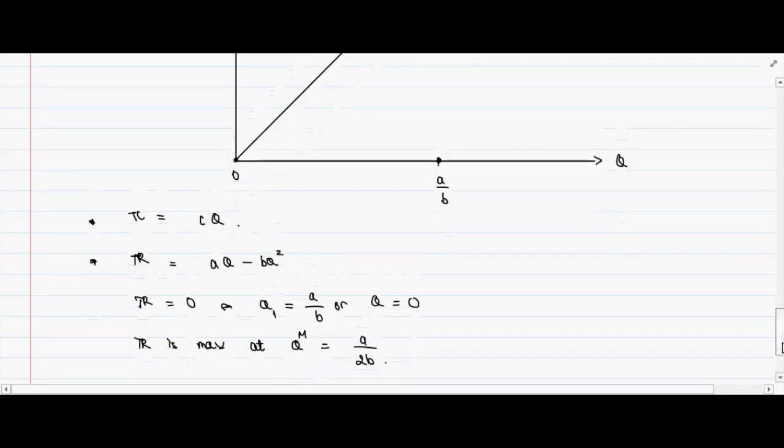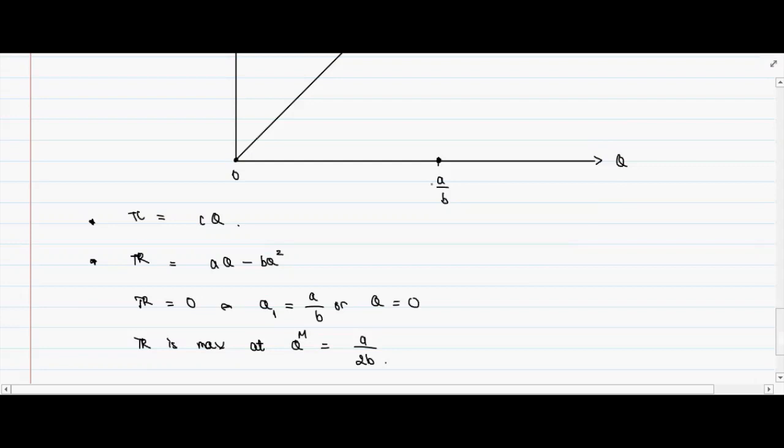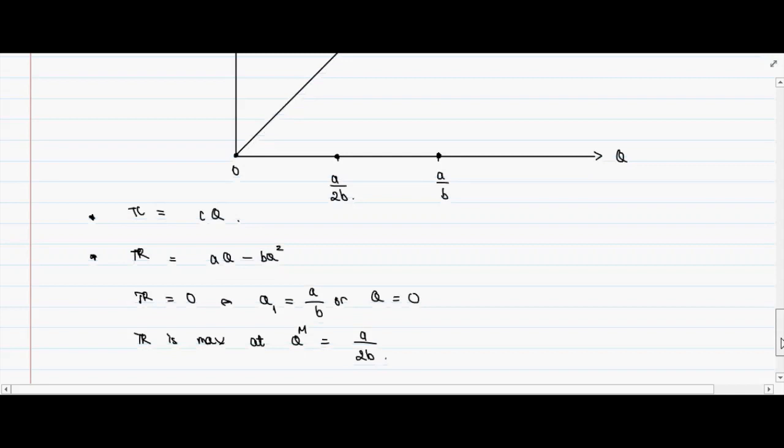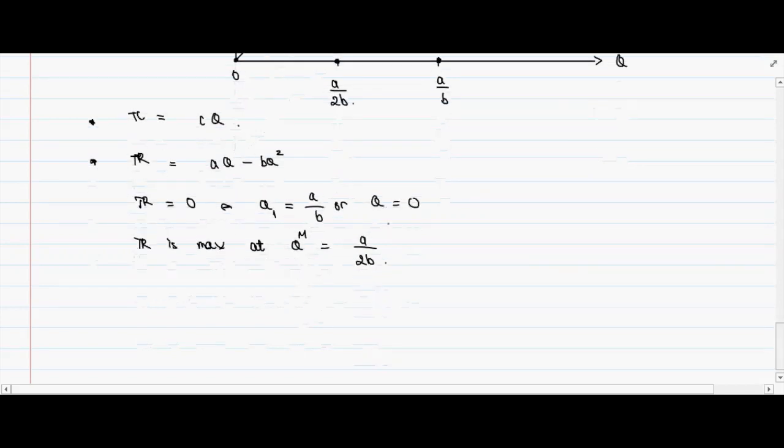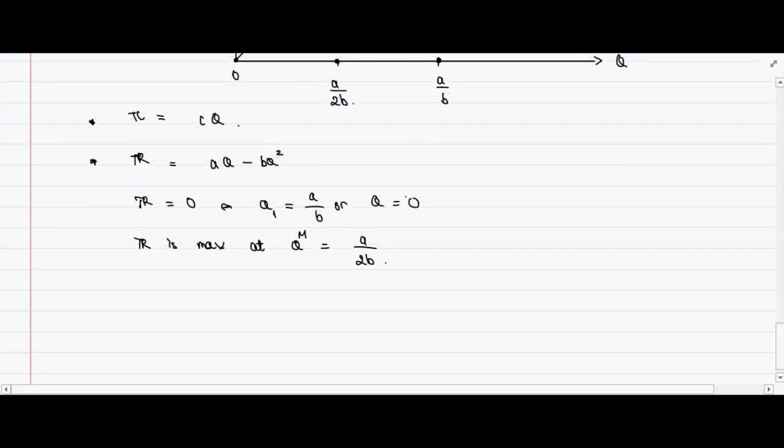Alright, so A on 2B, now this is A on B. We know that A on 2B is going to be half of it, which is over here, because A on 2B is just basically A on B divided by 2, so the point is going to be half of the A on B. Okay, so that's the maximum point. So this is QM.